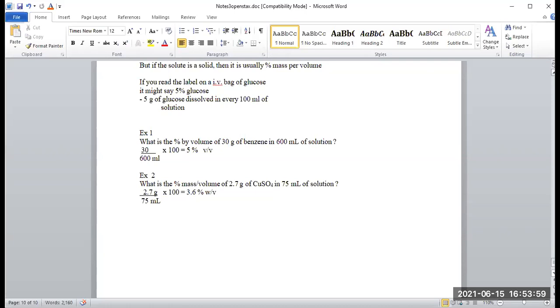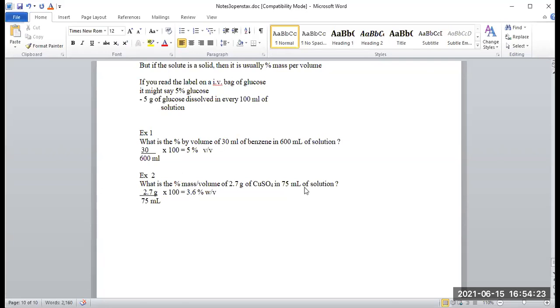So if I have 30 grams of benzene in 600 mLs, do your division step first, and then multiply by 100. Gives you 5% volume per volume. And actually, I just realized this was supposed to say mLs.